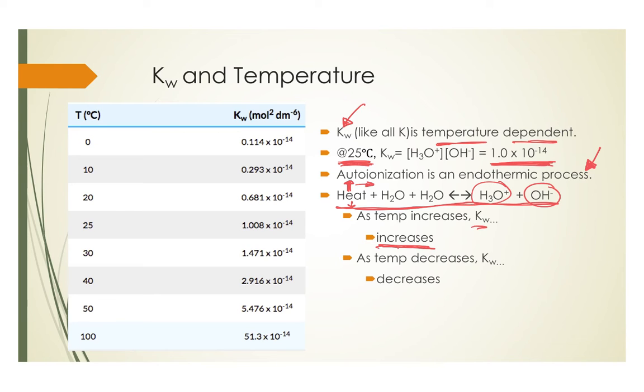Likewise, if we decrease the temperature, it's going to shift this reaction to the left, and you end up with a situation where Kw is going to go down, and so it decreases. Okay, so again, as temperature increases, Kw increases. As temperature decreases, Kw decreases. And over here, we just have some data to show that.